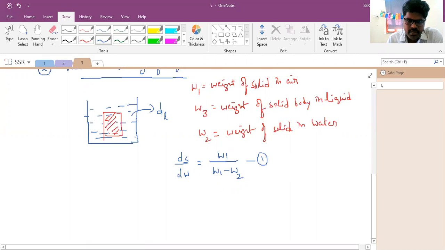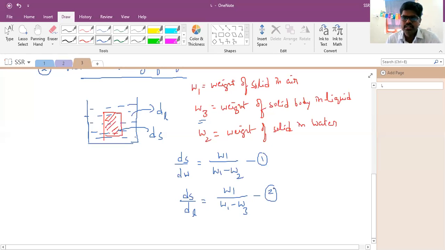Similarly, if you keep the solid body of density ds in the liquid, its weight is W3. Then density of solid by, instead of water, the density of liquid, is W1 by W1 minus W3. Instead of dw I placed dl, and instead of W2 I placed W3. Equation number 2. Are you clear with this step?